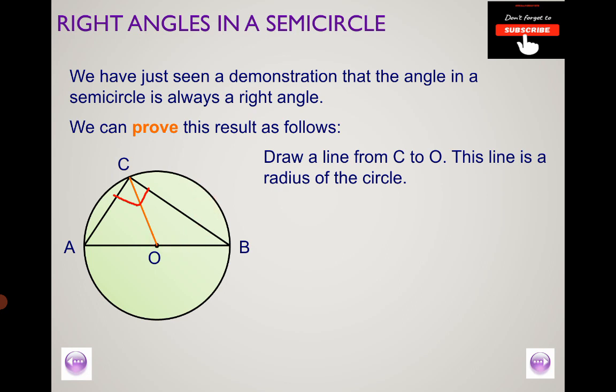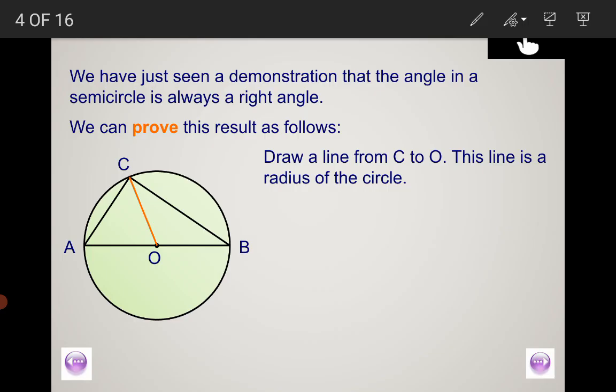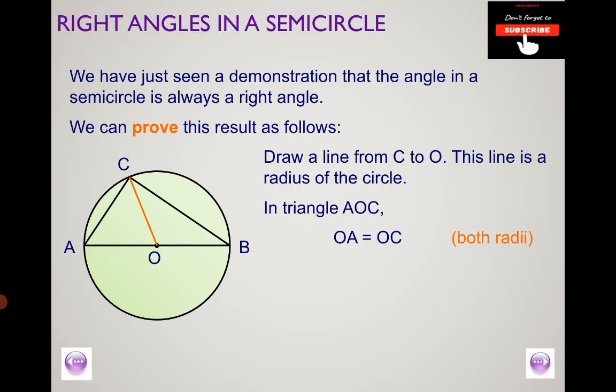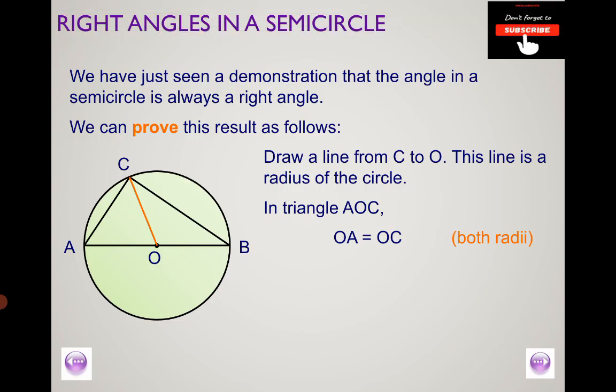That's very important to note. If you refer to triangle AOC, line OA is equal to OC. I hope we are able to see that.